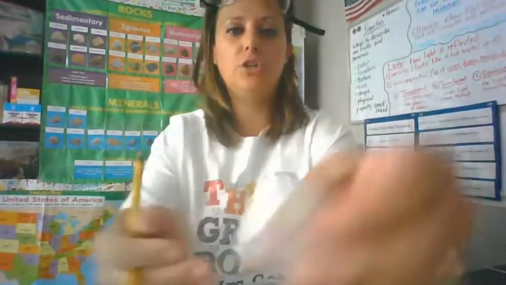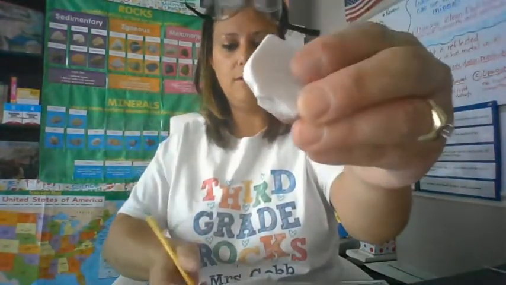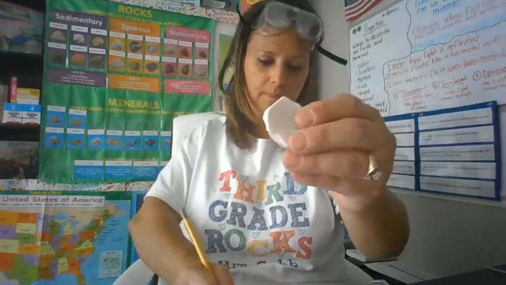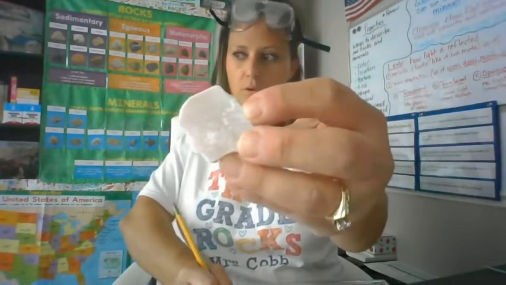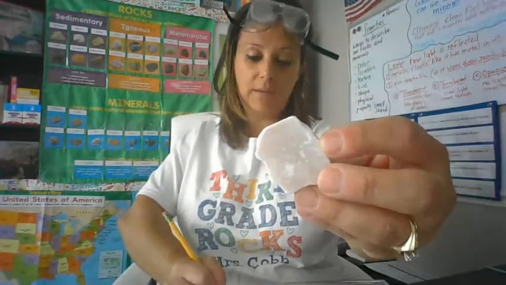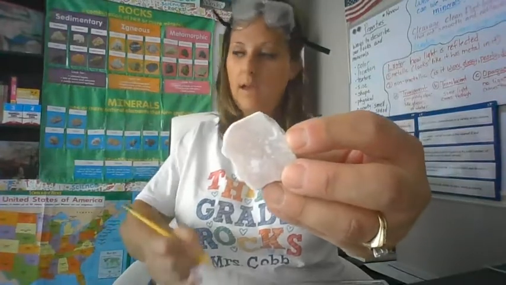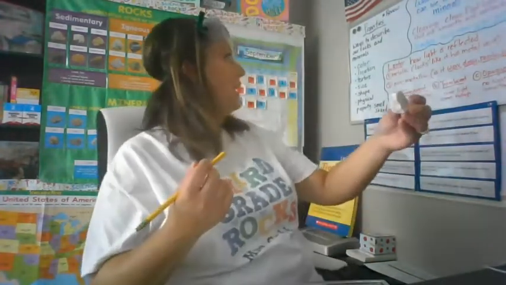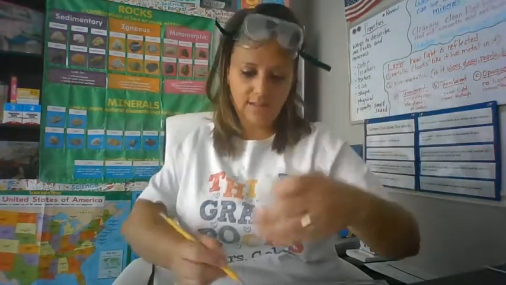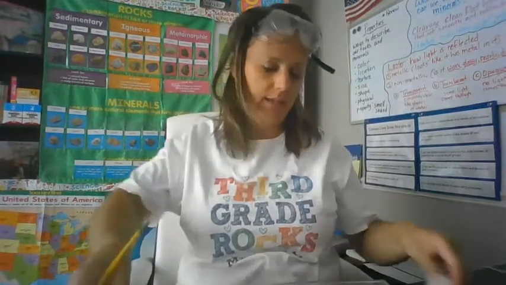Okay, the texture is very smooth. The luster is more pearly. This is definitely more pearly, and it's definitely non-metallic, but it's opaque. There's no light passing through. And in terms of whether there's cleavage or fracture, again, there are clean, flat breaks, my friends, clean, flat breaks. So we're going to circle the word cleavage.